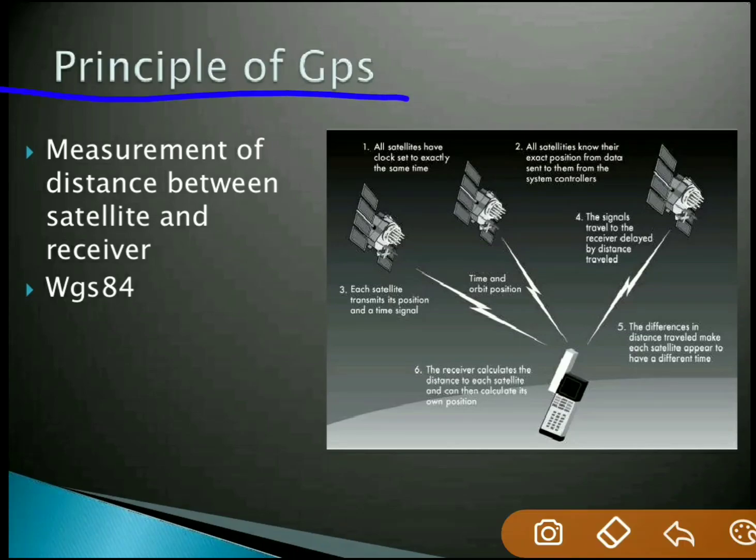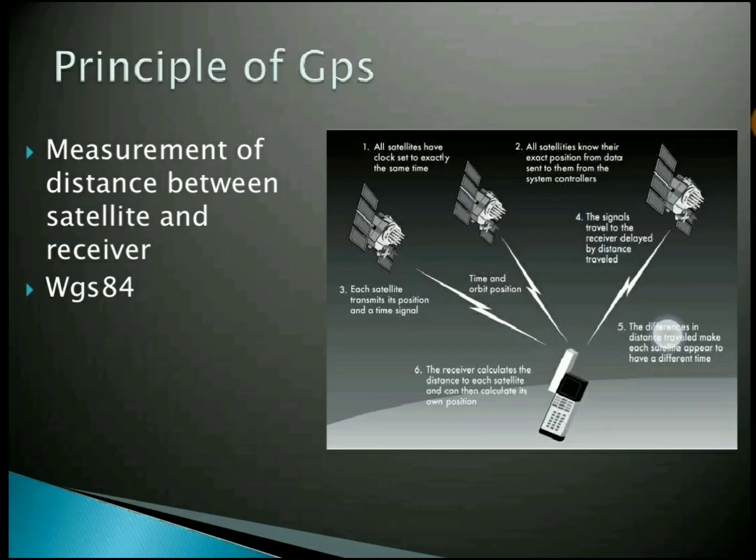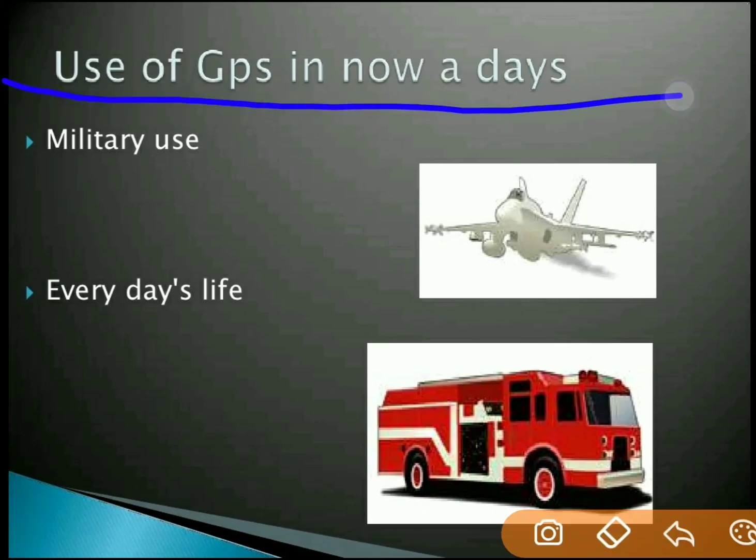How is GPS working? By measurement of distances between the satellite and the receiver. Look here, a cell phone is there. From the satellites to the control devices, and from the control devices to the user segment. Next, what are the applications or uses of GPS nowadays?